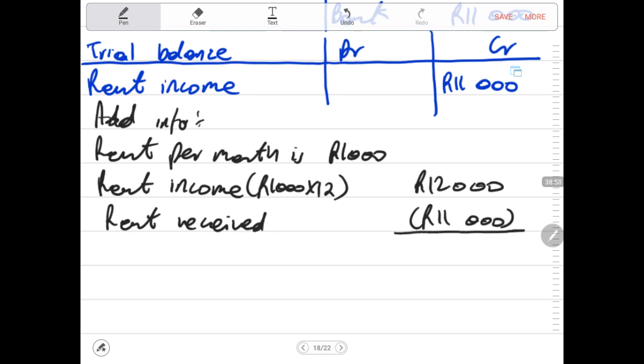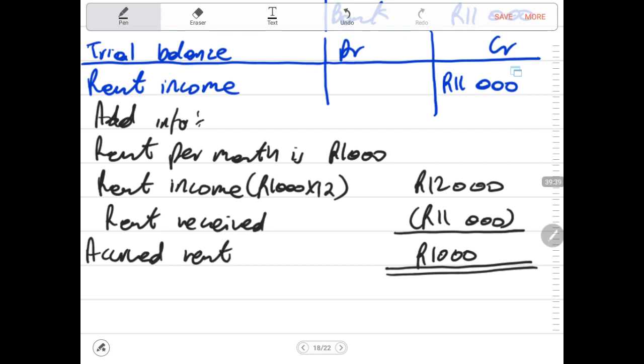Then now we are comparing what was received from what was supposed to be received, and we can say that we received 11,000 instead of 12,000 rands, and we know that we supposed to receive 12,000 rands, and we are also under the assumption that we were in this rental agreement since the beginning of the accounting period. So that means the rent that was due to us was the rent for the full 12 months. So now this will be not yet received. Therefore now that will be accrued.